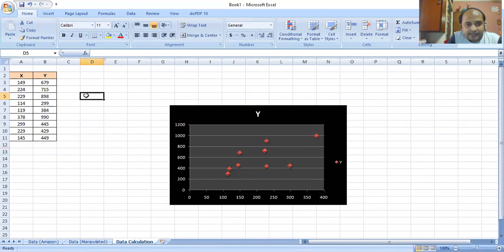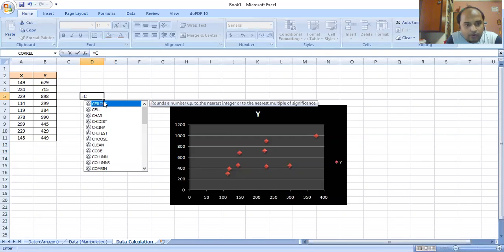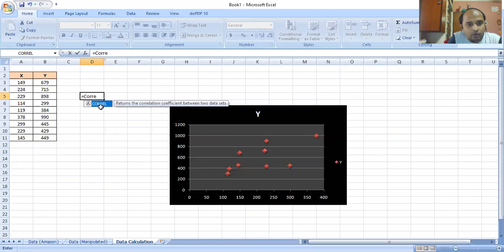I will put the equality sign and write CORREL. This is the code. CORREL stands for correlation.